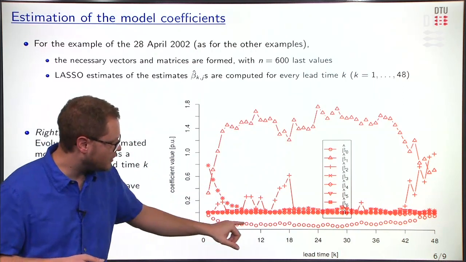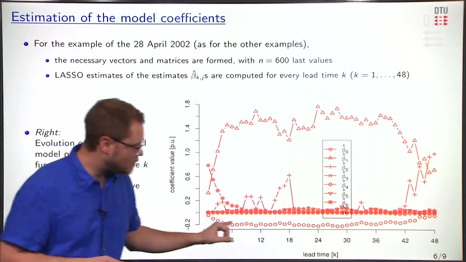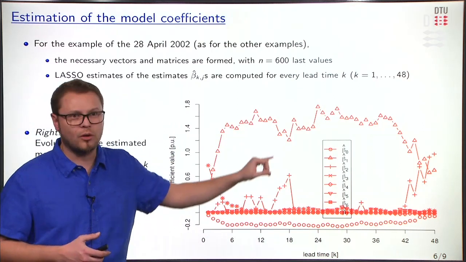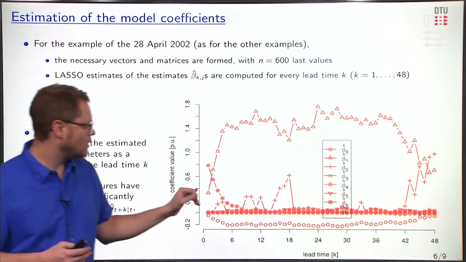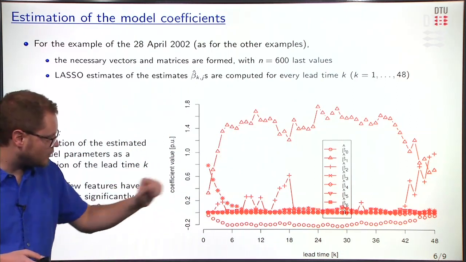And then for a few of the coefficients, they are non-zero. You see here, for instance, beta 0, which is the intercept, is non-zero for most of the lead times. Beta 1, which is the coefficient associated to the wind speed forecast, is also non-zero for most of the lead times.